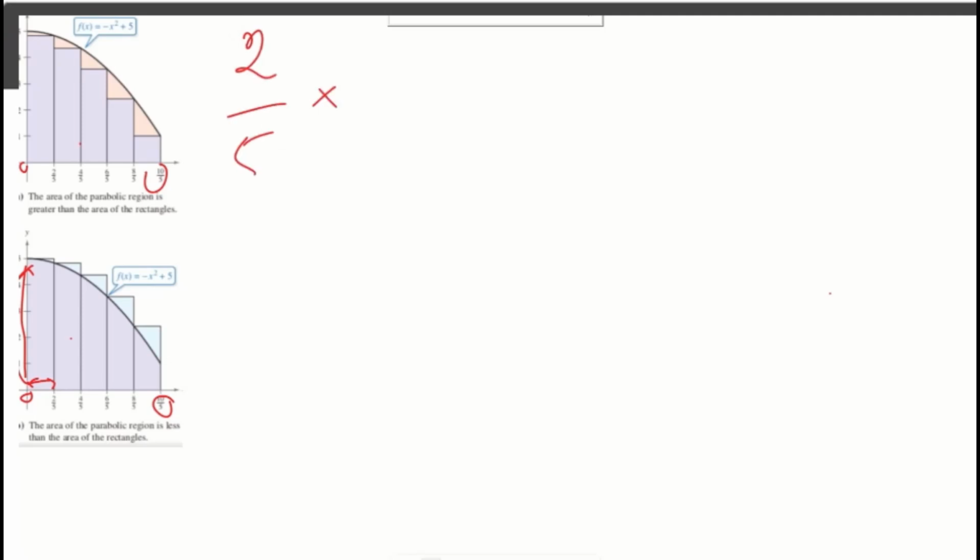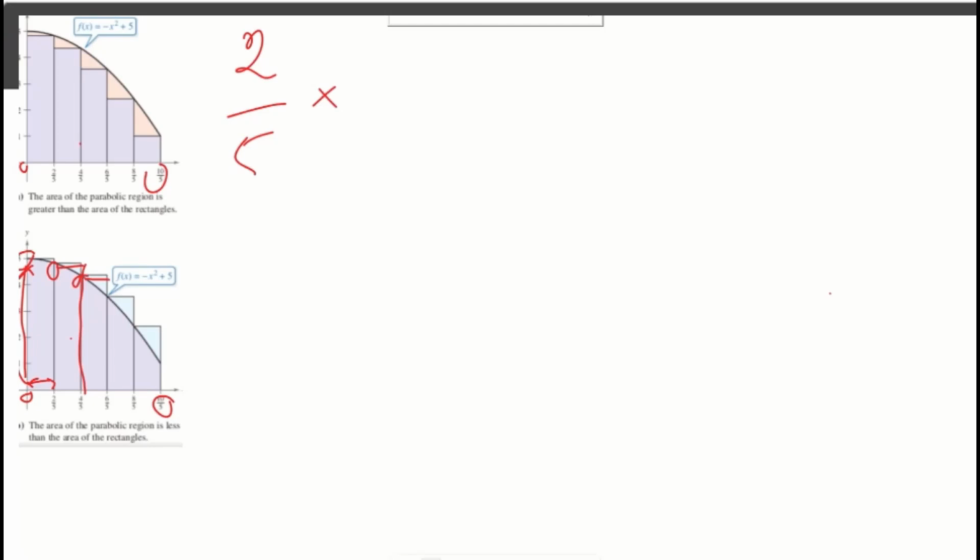Now for the height, in this case, the height is governed by the left endpoint. So if we look here, the height of this rectangle here is determined by when the left part of the rectangle crosses the curve minus x squared plus 5.